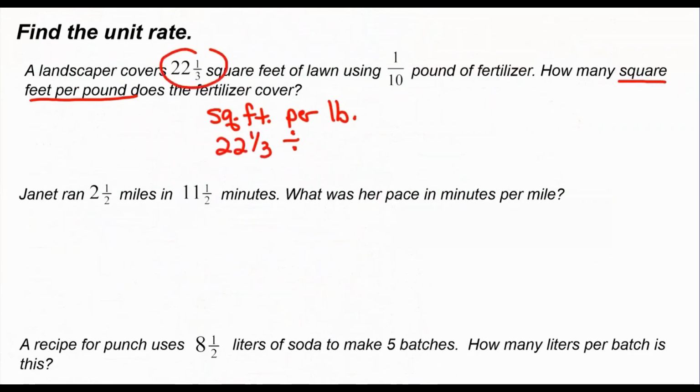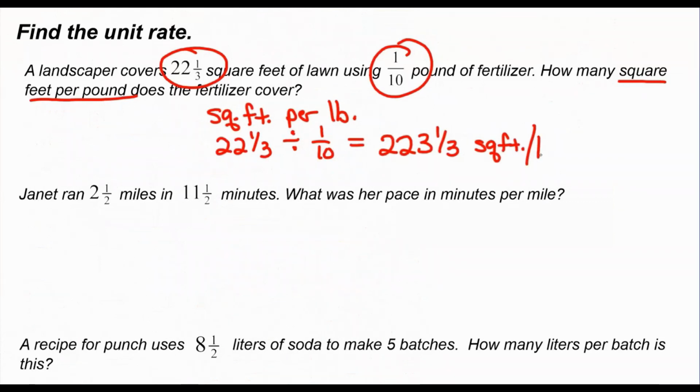And it's 1/10 of a pound. So I would take 22 and 1/3 divided by 1/10. And when I do that, I get 223 and 1/3. And the unit rate I was looking for was square feet per pound. And that's my answer. The fertilizer will cover 223 and 1/3 square feet per pound.